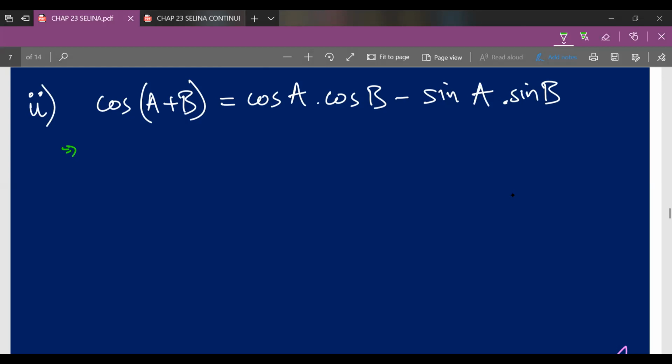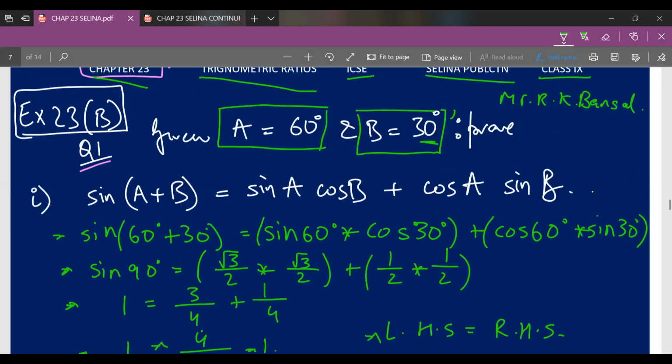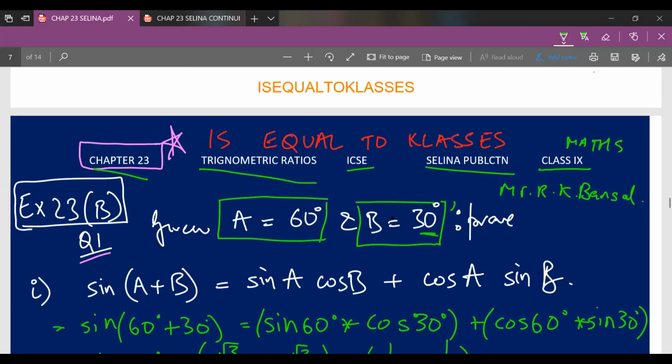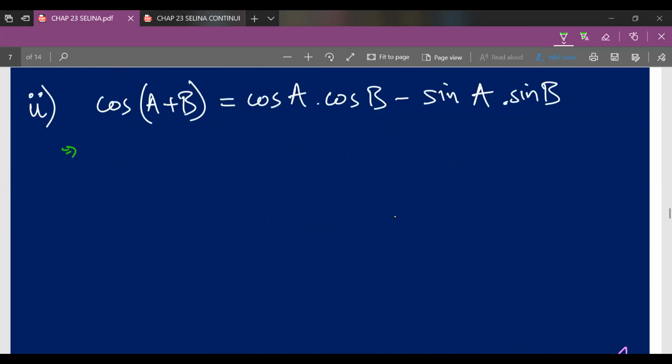So I'll write this as cos (A plus B). Now earlier we had seen that our A is 60 degree and B is 30 degree. So with that reference, cos (A, that is 60 degree, plus B, that will be 30 degree) is equal to cos A, which will be cos 60 degree because A is equal to 60 degree.